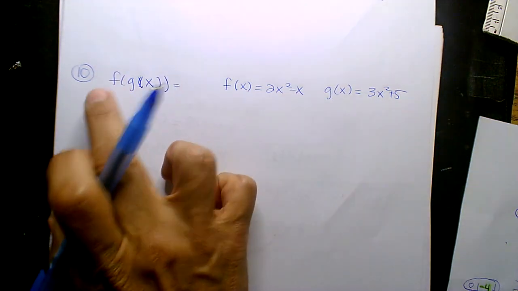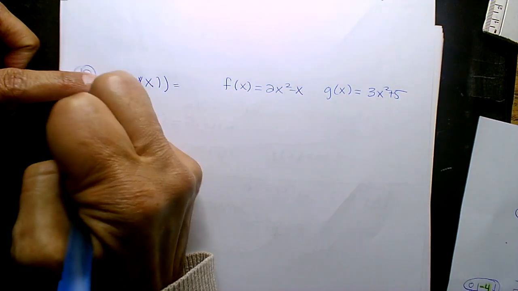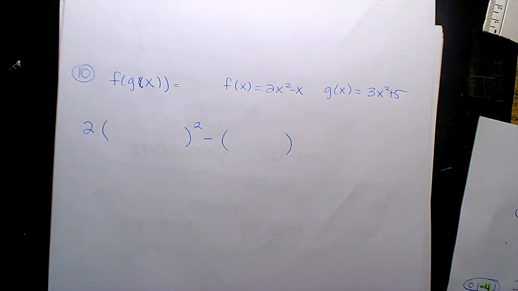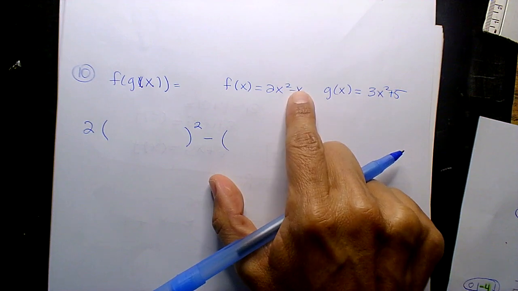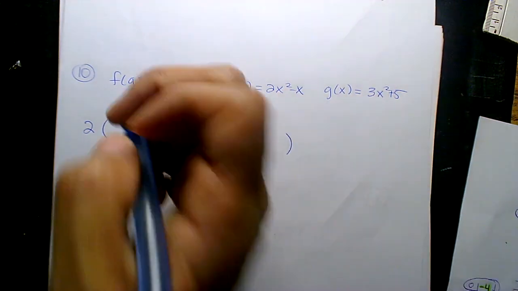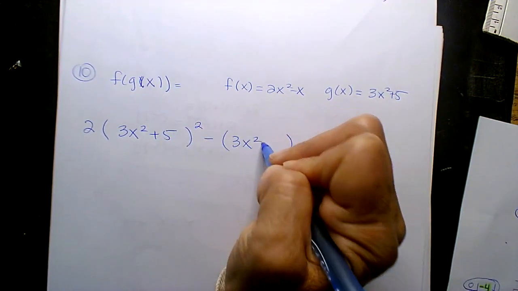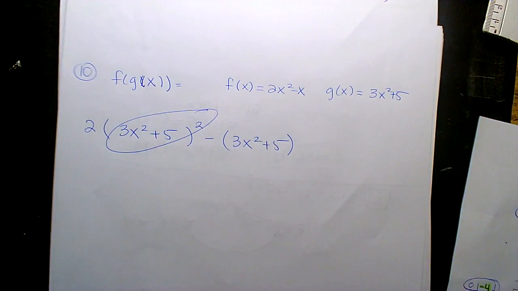So if I write the f function, it's 2x squared minus x, right? 2x squared minus x, but in place of x, I'm substituting the g function. So 3x squared plus 5, 3x squared plus 5. Okay, you need to expand here.